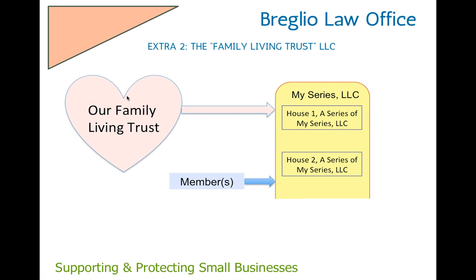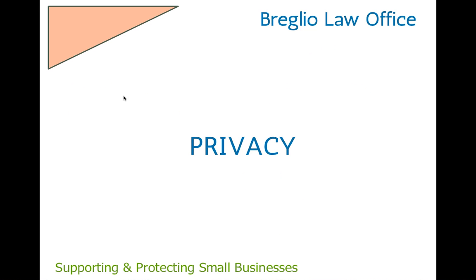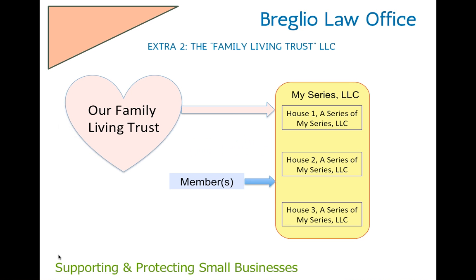Even if at this point you don't incorporate it into your asset protection tools, at least you have it, and it can hold on to other assets such as savings accounts, life insurance policies, stocks and bonds, because those things don't have any liability. You're not going to get sued from owning a stock. And then if something were to happen to you, that family living trust can allocate all those other assets without probate.